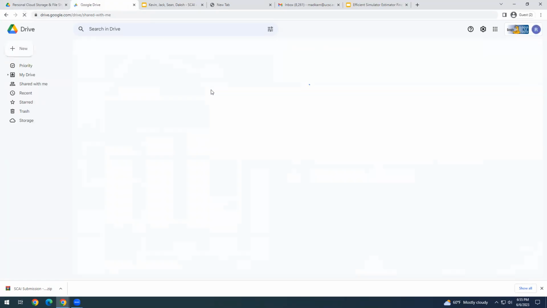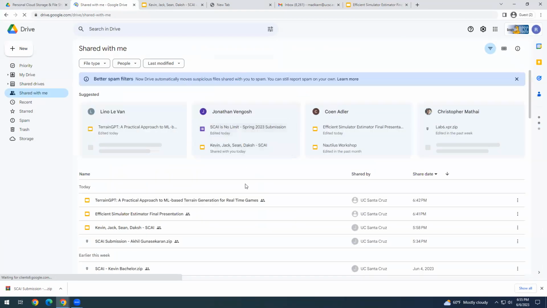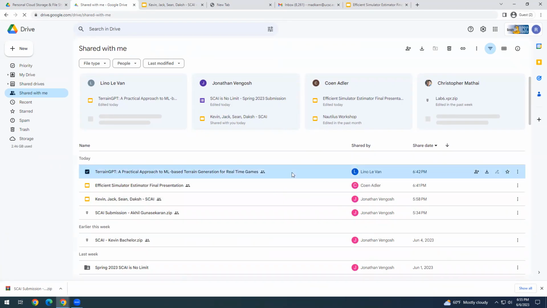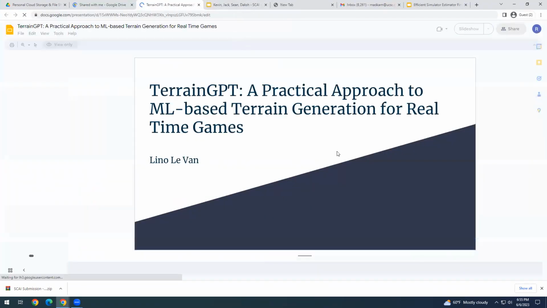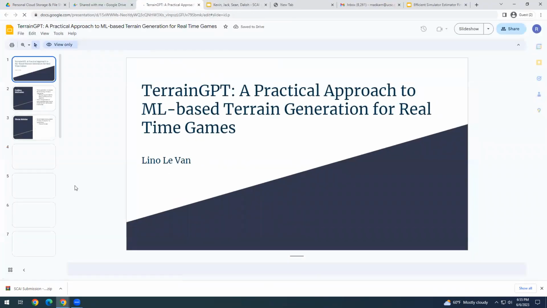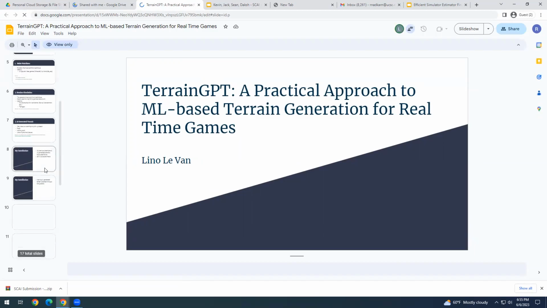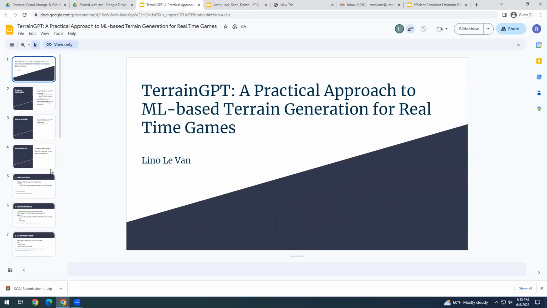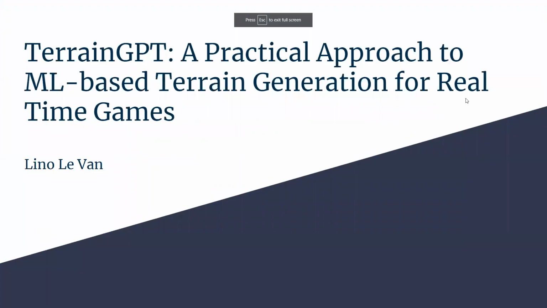Is there another group presenting? What? Oh, Lino. Terrain. So you just did that just now. Just the slides, I guess. All right. You have 17 slides. You think you can do this in 10 minutes? Did you do this whole thing from scratch, or did you just? No. I had this project. I just made a slideshow while you guys were presenting.